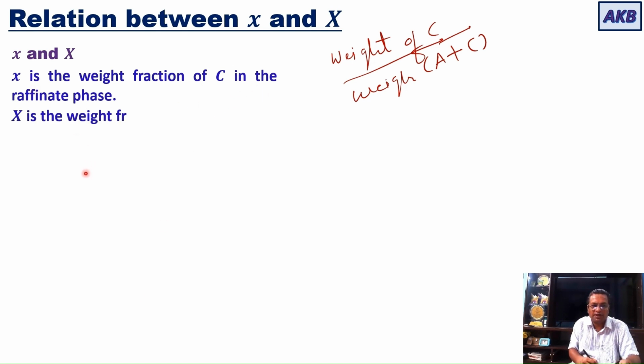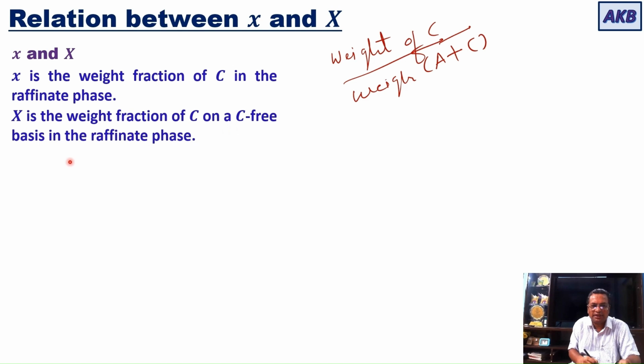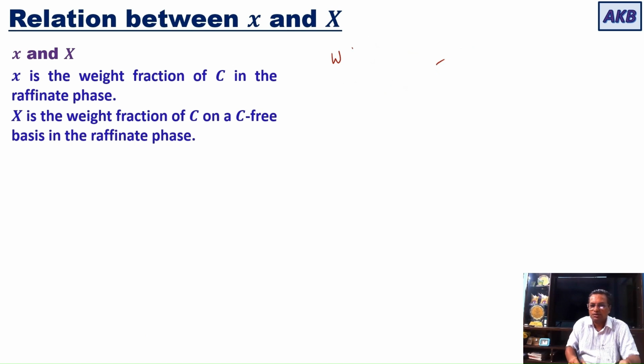And what is capital X? We have just understood: this is weight fraction of C on a C-free basis in the raffinate phase. Now our objective is to get a relationship between small x and capital X, so that we can use those relations whenever we need to convert small x to capital X or capital X to small x.